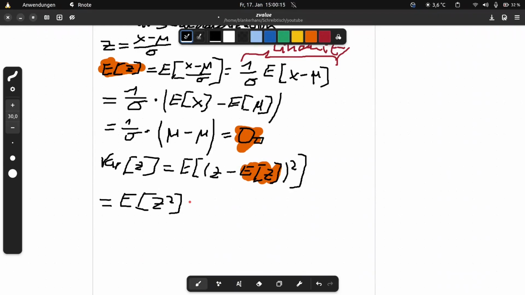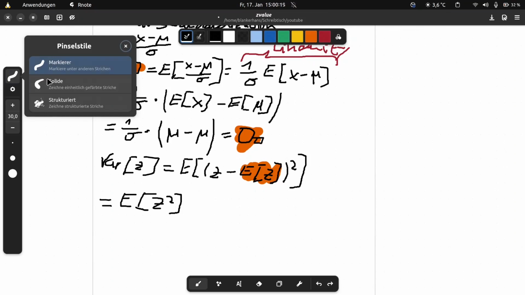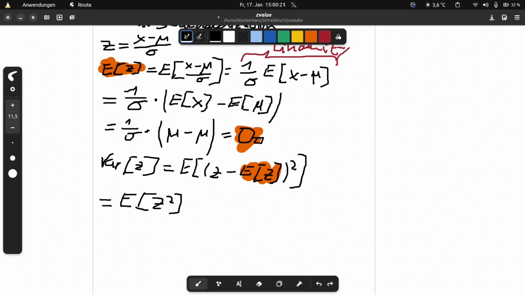And what is the expectation of z squared? It is simply the expectation of x minus mu divided by sigma squared.